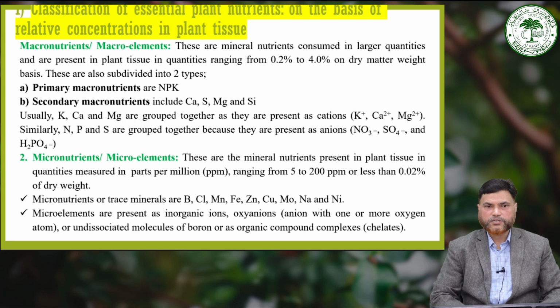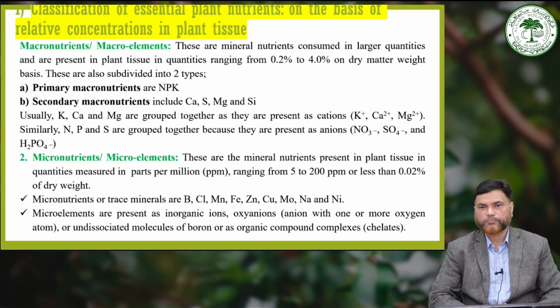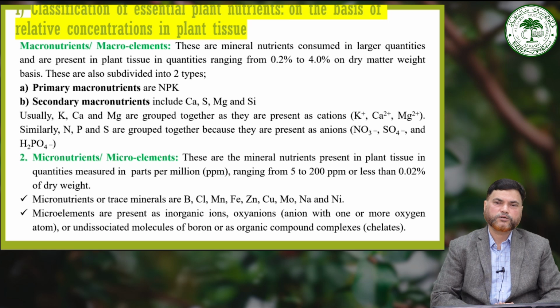Now, how are these essential mineral elements classified? So, the first criterion of classification of essential mineral elements is on the basis of relative concentration in the plant tissues. On the basis of relative concentration in plant tissues, all the essential mineral nutrients could be classified into two categories.